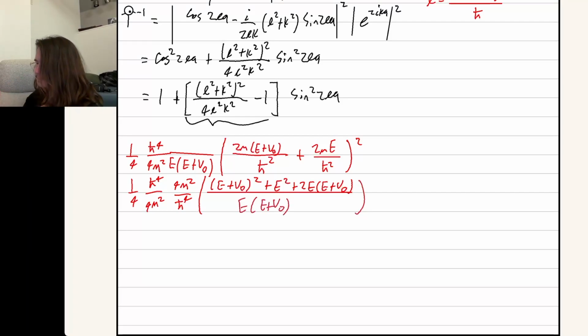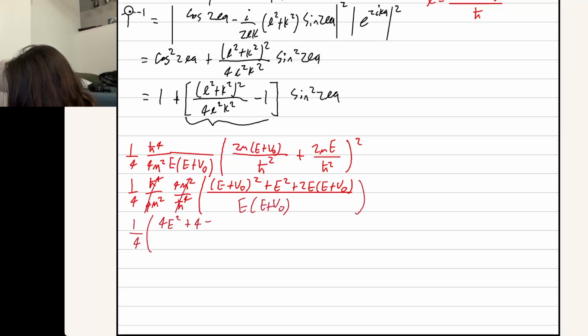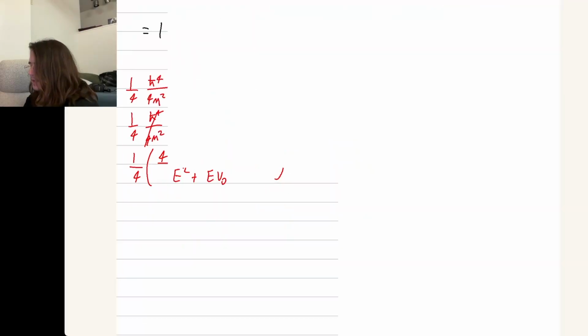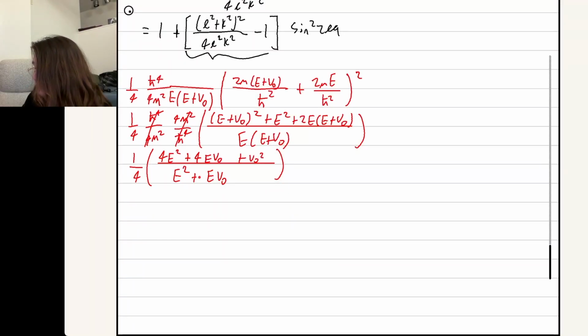Okay, so we're going to let this big term cancel out this big term. We're going to have 1/4. Expanding that square, we'll have just a total of 4E squared plus 4E V naught plus V naught squared. Yep, and that's all over E squared plus E V naught. And now you see that this term is identical to this term. It's just multiplied by 4.